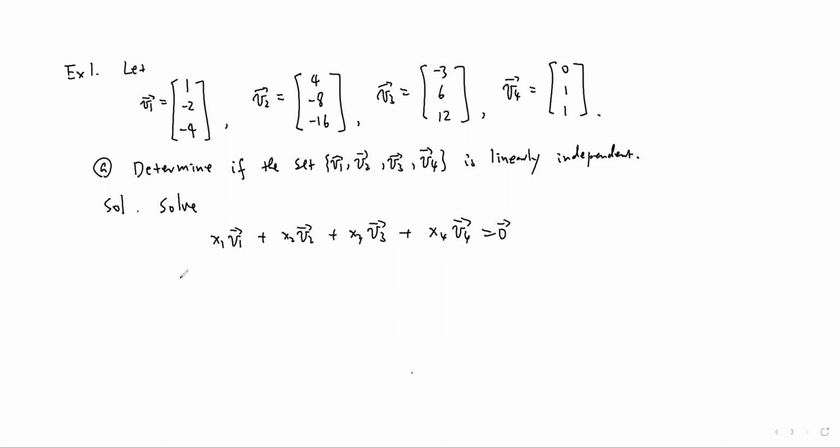The augmented matrix has first column V1, second column V2, then -3, 6, 12, and then 0, 1, 1. Coefficient matrix, and then right hand side 0, 0, 0. Now I reduce this matrix to echelon form.